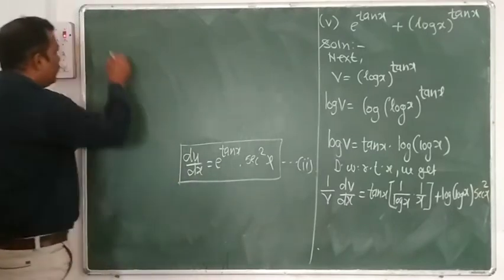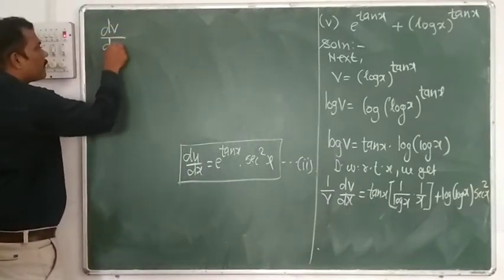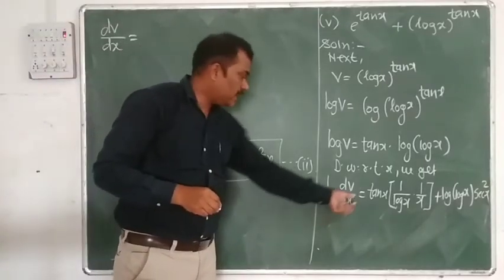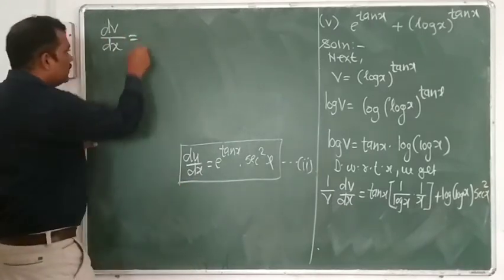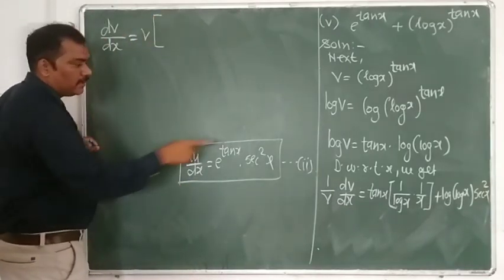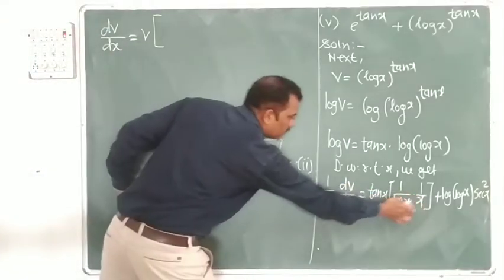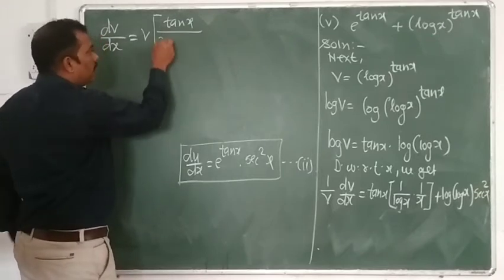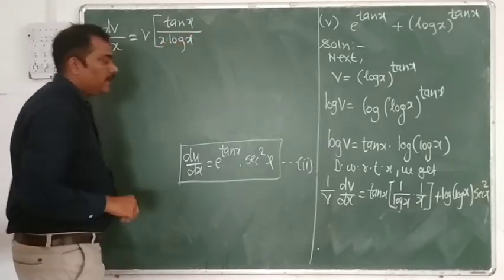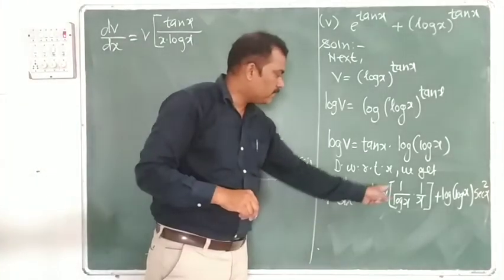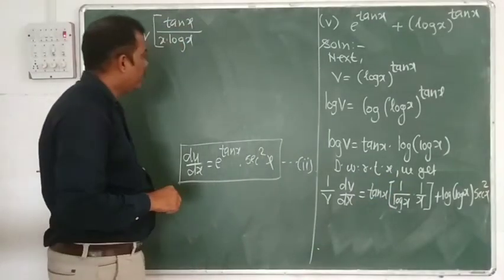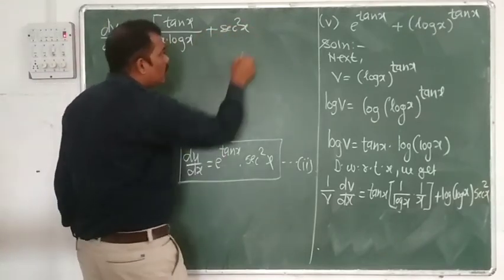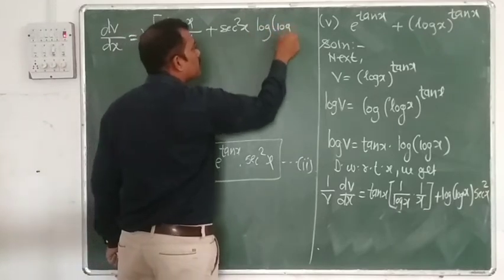So we get dv by dx is equal to, what is divided on this side goes to the other side and must be multiplied, that is v into bracket. We can write this one as tan x divided by x into log x, plus sec square x into log x.